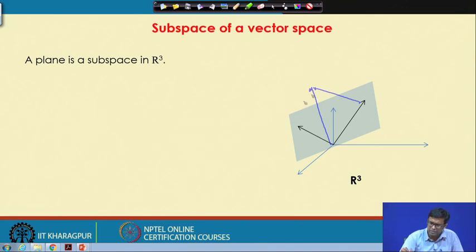The resultant must lie in that particular plane, and that comes from the law of vector addition or the law of planarity. And if I multiply a vector with a constant, this should also lie in that particular plane. So, this plane becomes a subspace.